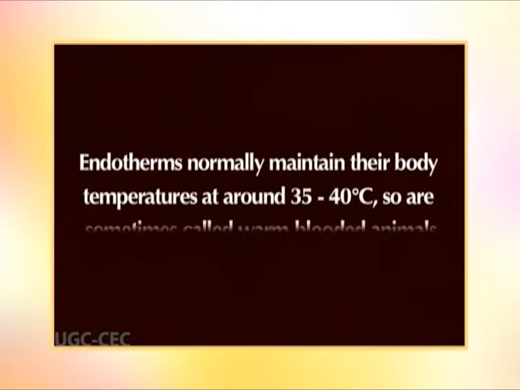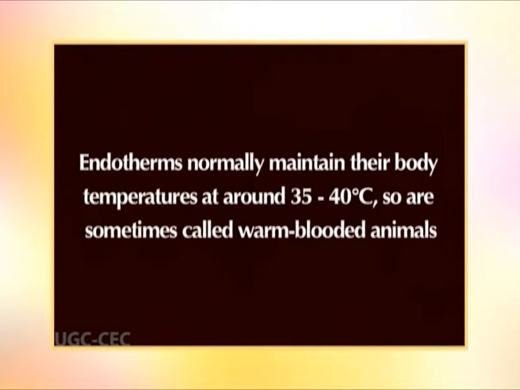Endotherms normally maintain their body temperatures at around 35 to 40 degrees Celsius, so are sometimes called warm-blooded animals. But in fact, ectothermic animals can also have very warm blood during the day by basking in the sun or by extended muscle activity, for example, bumblebees and tuna.